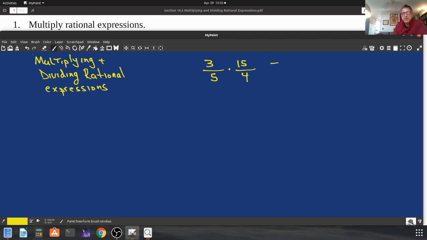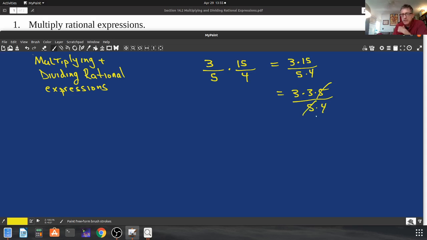Well, all I do is multiply the numerators and the denominators, and then I cancel any common factors. If I realize 15 is 3 times 5, then I can simply divide through by the 5s.